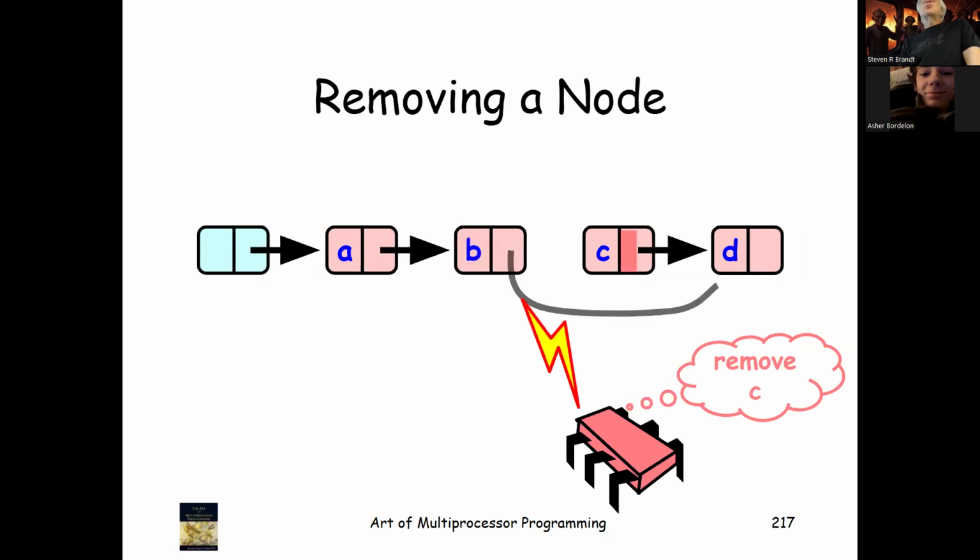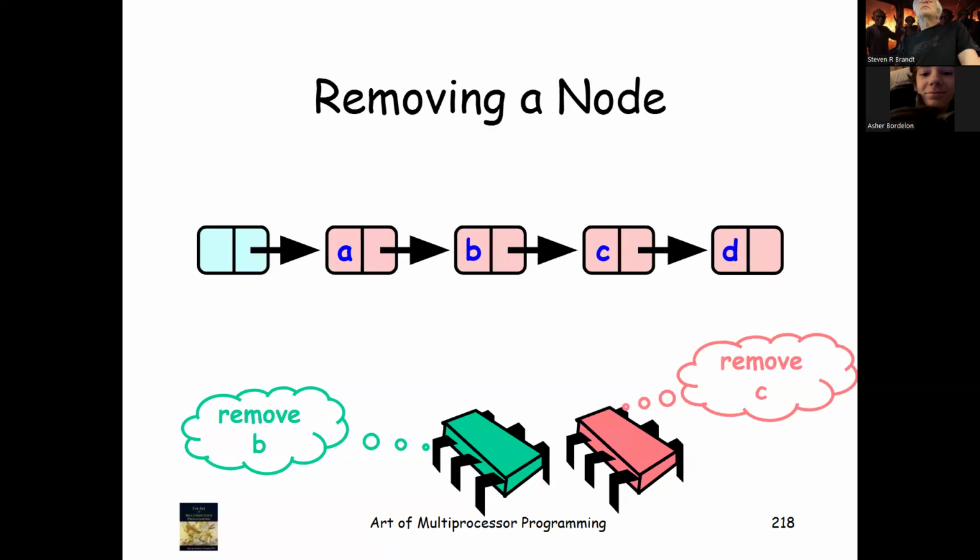All right, so to remove a node, we want to remove C. We're going to change that bit, and then we're going to switch that pointer, right? But we have no locks, and somebody else might want to remove B. So we have to make sure that both of these things work. They're both going to come in there and mark the object as removed.